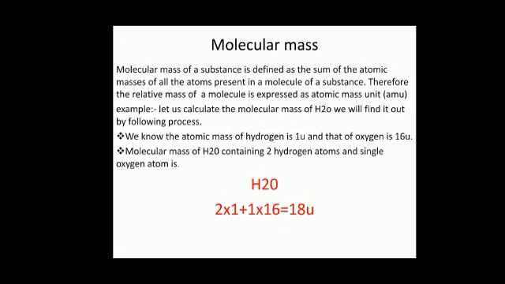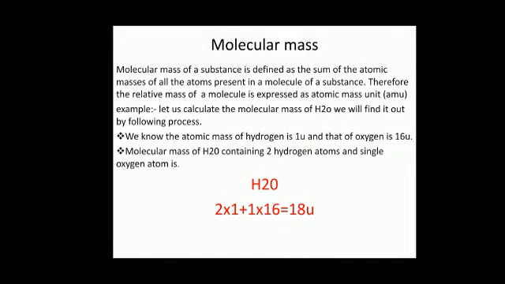We know the atomic mass of hydrogen is 1 unified mass and that of oxygen is 16 U, that means 16 unified mass. Molecular mass of water: containing 2 hydrogen atoms and a single oxygen atom. So let us see the calculation.